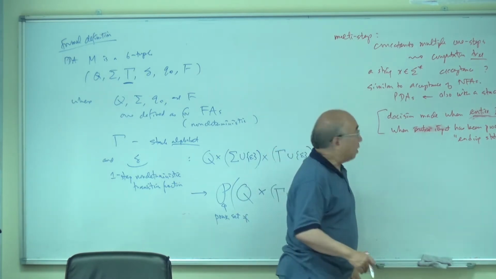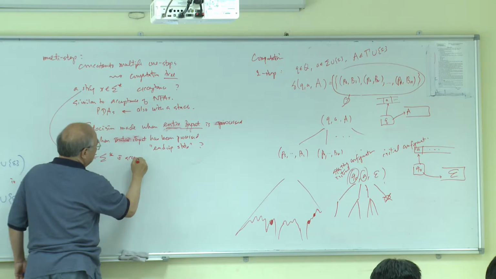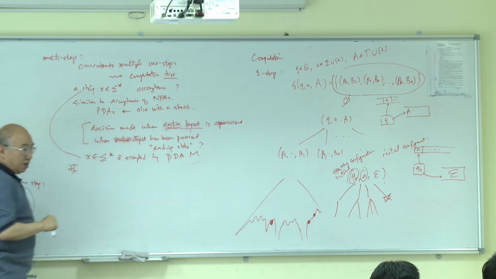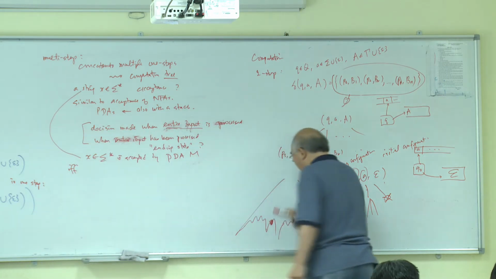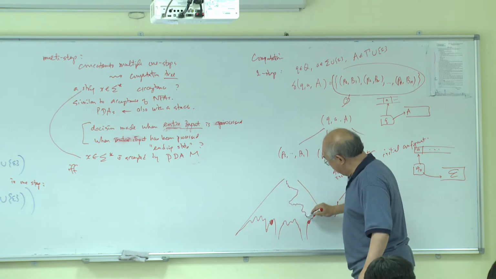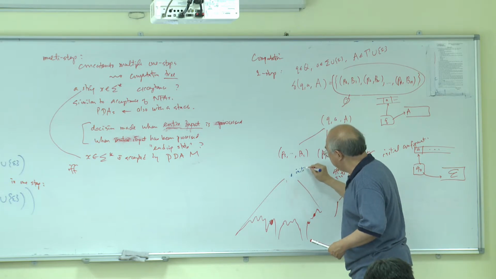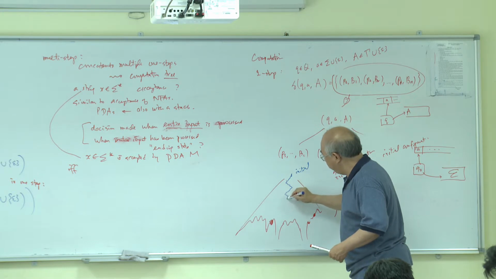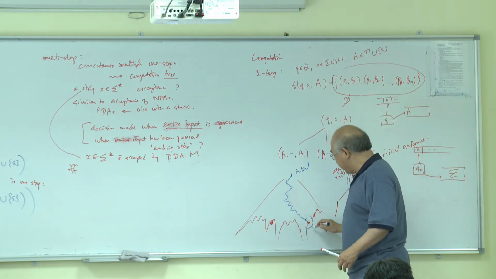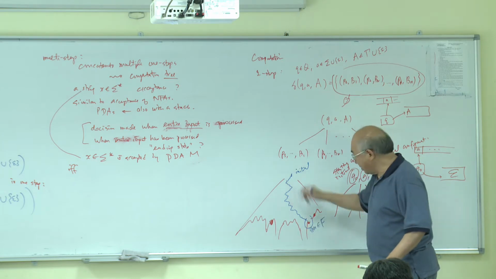So what do we mean by a string being accepted? A string x in sigma star is accepted by this PDA M if and only if, and we do not know how this happened, but we just assume that we are lucky, there is a computation path from this initial configuration, at least one of them, that eventually gets to a state in F, and at the same time we finish processing the entire input.